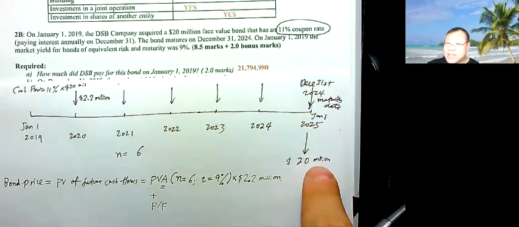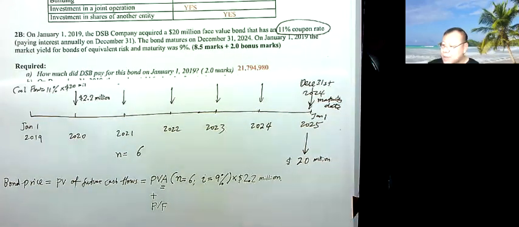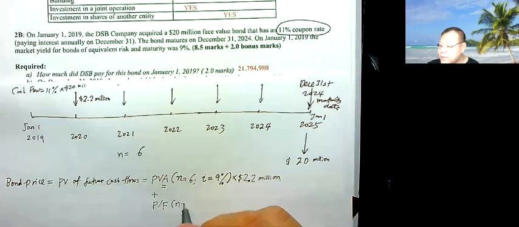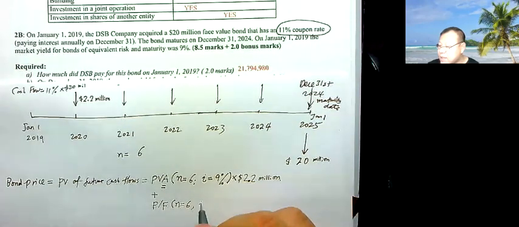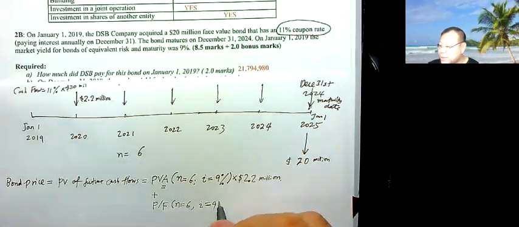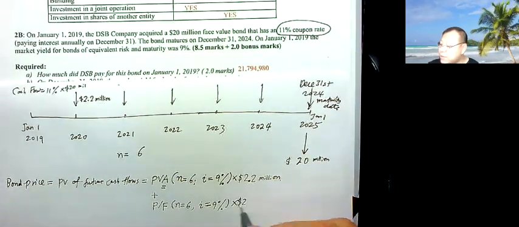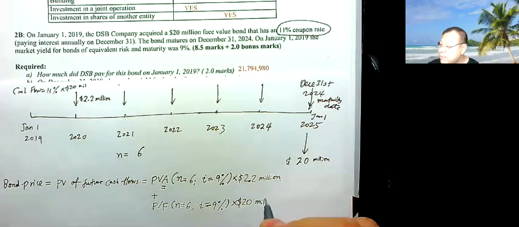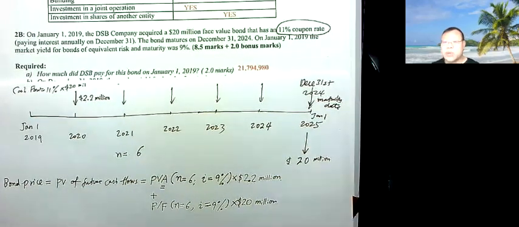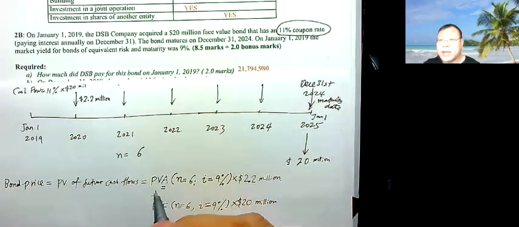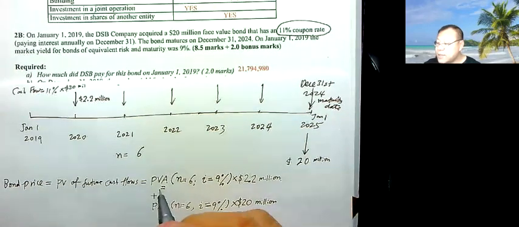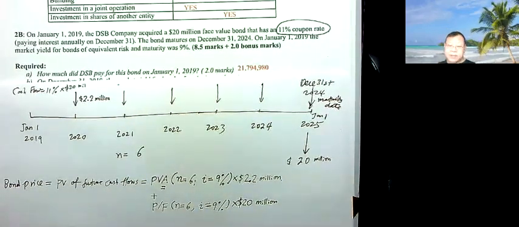So this is one lump sum payment. This discount factor is n equals 6, I equals 9%, and I'm going to discount 20 million. So that's the two components, right? For the present value of the annuity, the discount factor is on the annuity table.